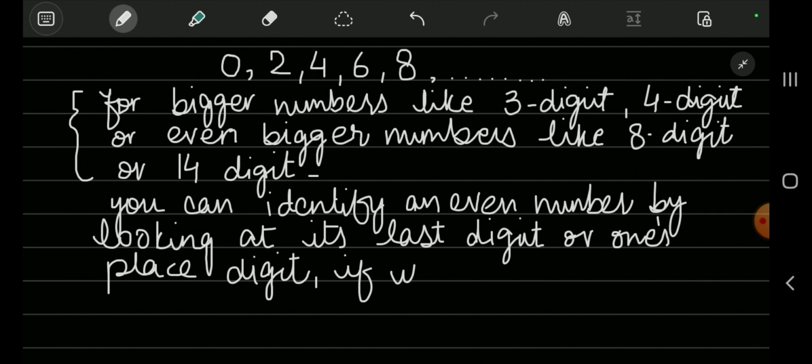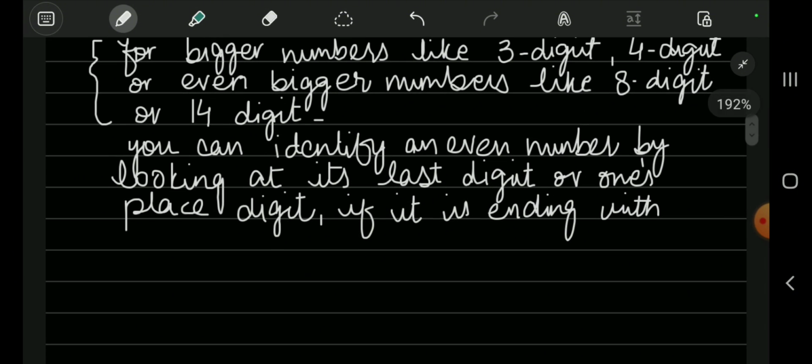If it is ending with 0, 2, 4, 6, 8, it will be an even number.